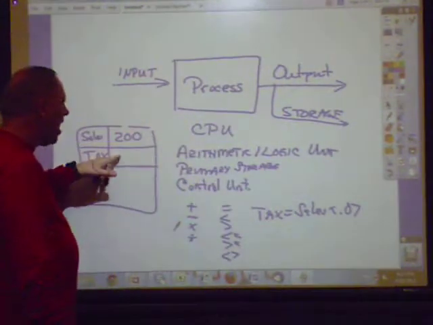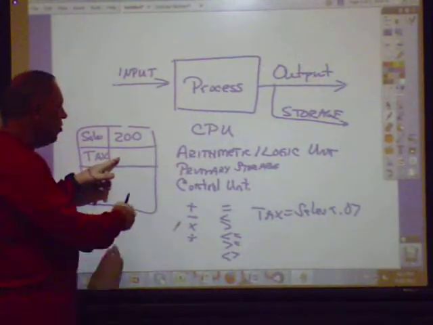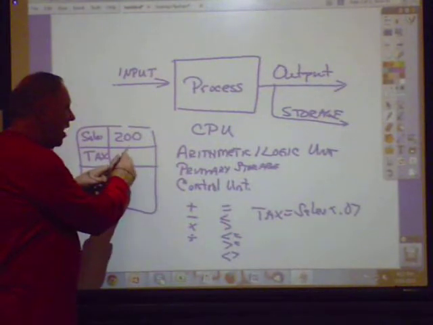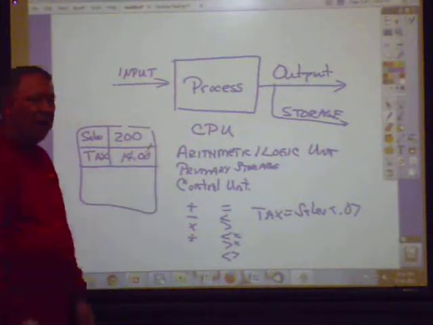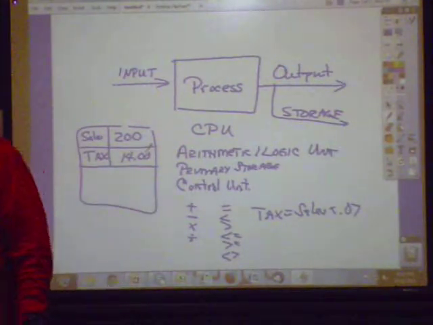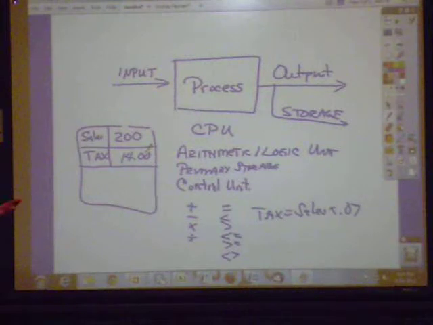So it sends it back to the storage, or to the memory, and puts $14 in there. And then that's going to stay there, and the computer might use that number somewhere else in place. That's what it would do for one statement.